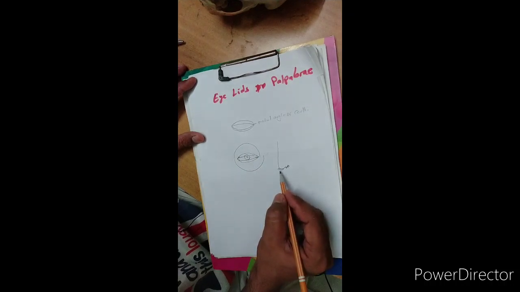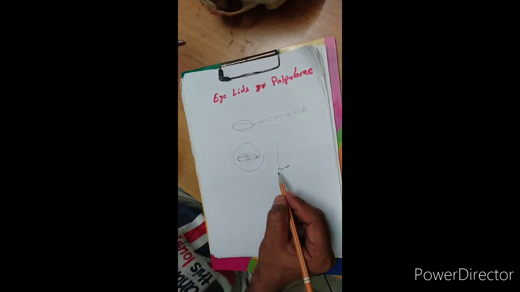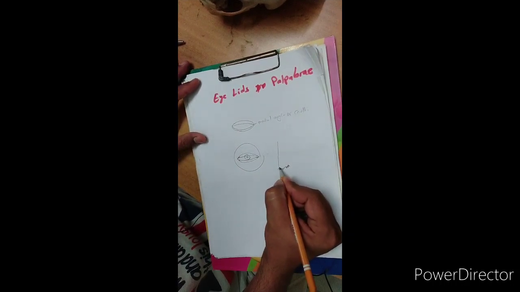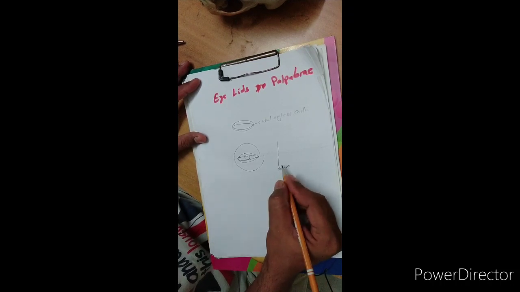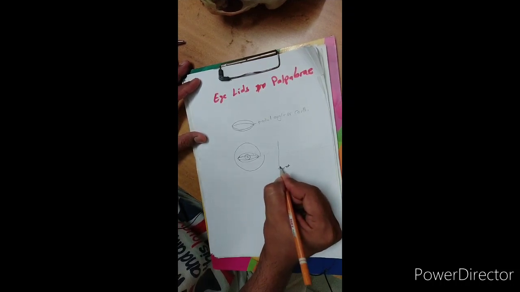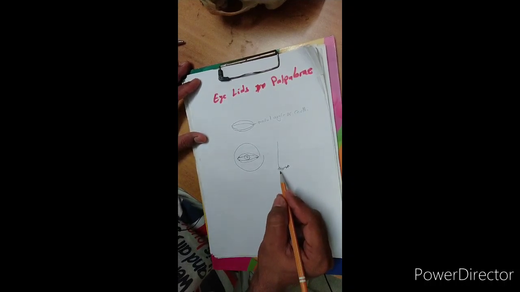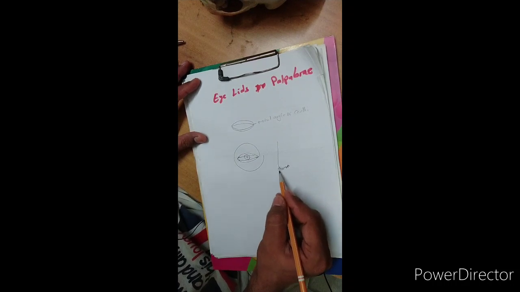Now, in the upper eyelid, if you see here, the outer lip has the eyelashes, and each hair follicle has a sebaceous gland and a sweat gland. So these eyelashes have sweat glands and sebaceous glands. If any infection occurs, it points out here.